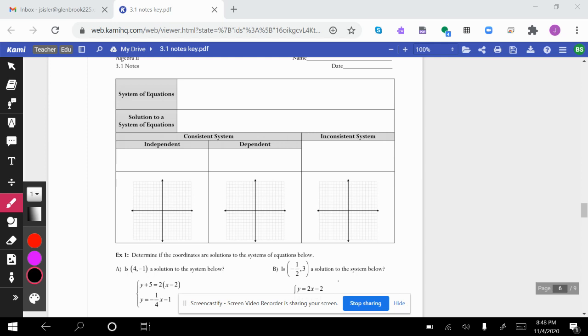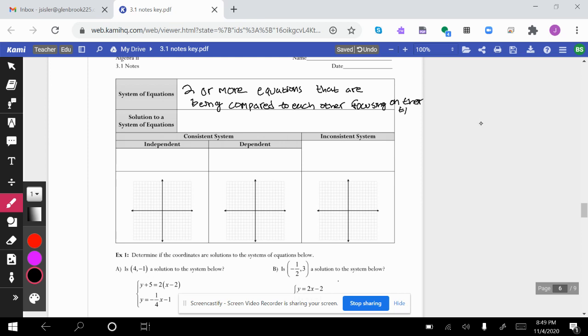So the first definition that we need is for a system of equations, and that is two or more equations that are being compared to each other, focusing on their type of intersection.